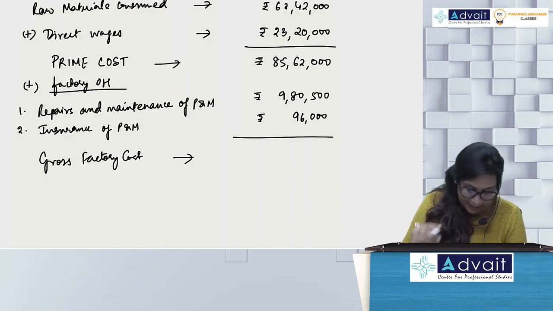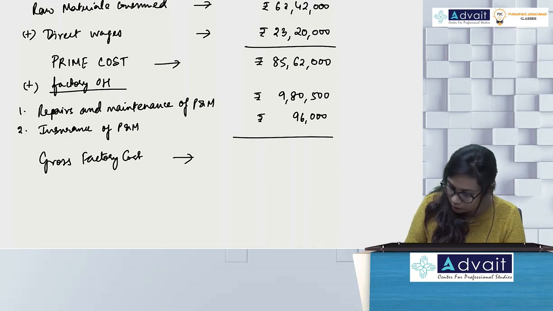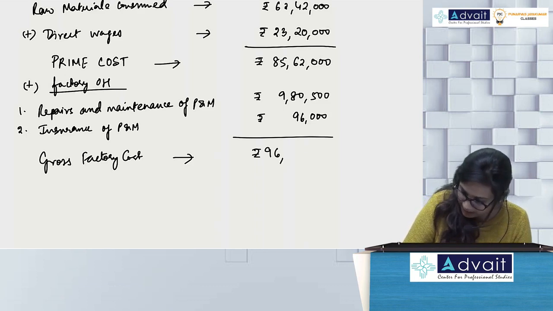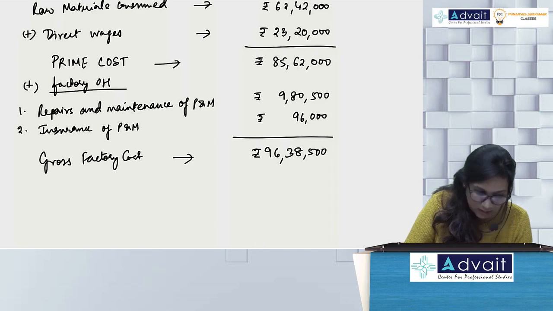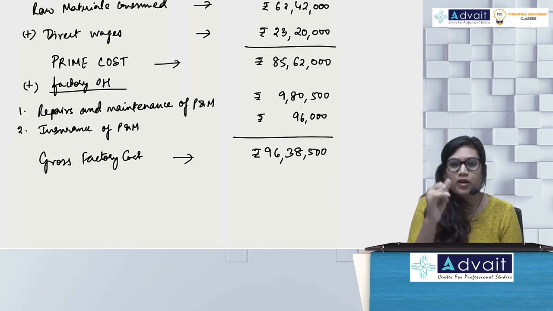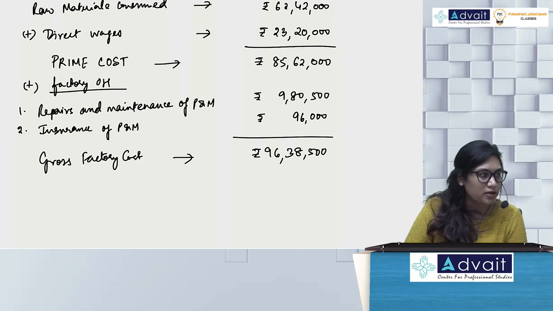So I can directly go ahead and calculate gross factory cost. So how much do I get, guys? I get 96,38,500.